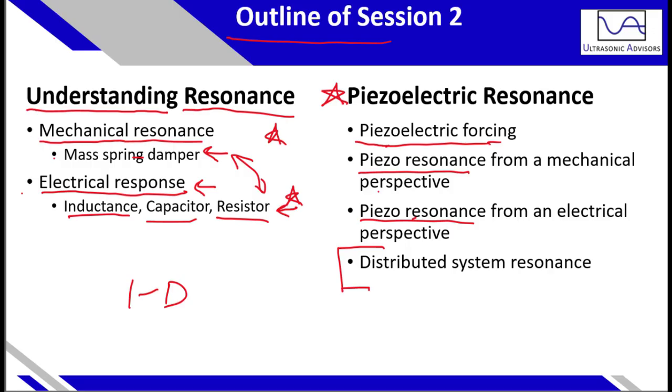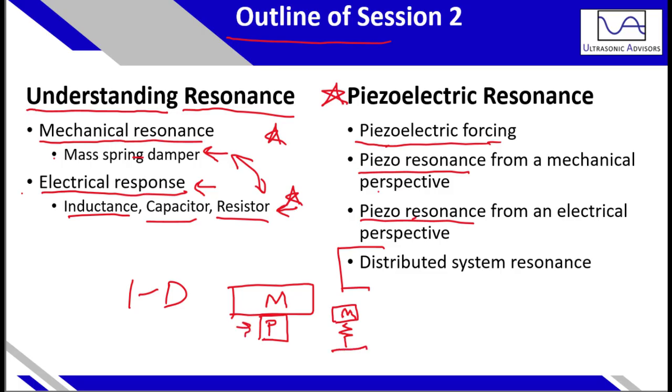When you build a device, for example, if you have a piezo material, and you have a mass sitting on top, you may think, well, let's just simulate this as a spring, and we'll just have that as a mass. And this is our system.